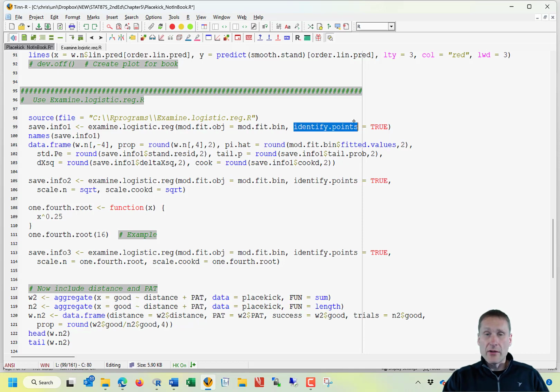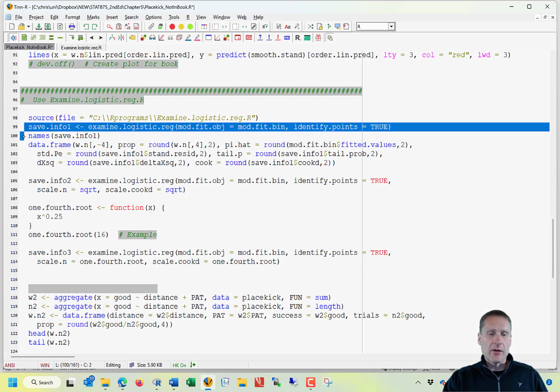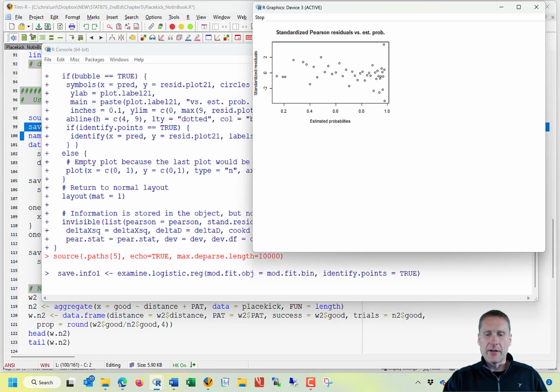What this will allow me to do is interactively click on certain points in my plot so that I can identify what those points are, like the observation number. I'm going to save the results into save.info1. This is going to give me the numerical values for the various measures that we've looked at, including the standardized Pearson residuals, the Cook's distance, and so on. So let me go ahead and run it, and look what's going to happen here.